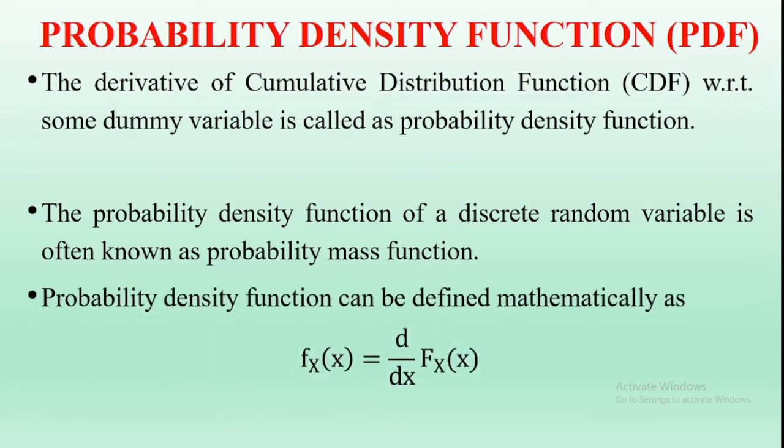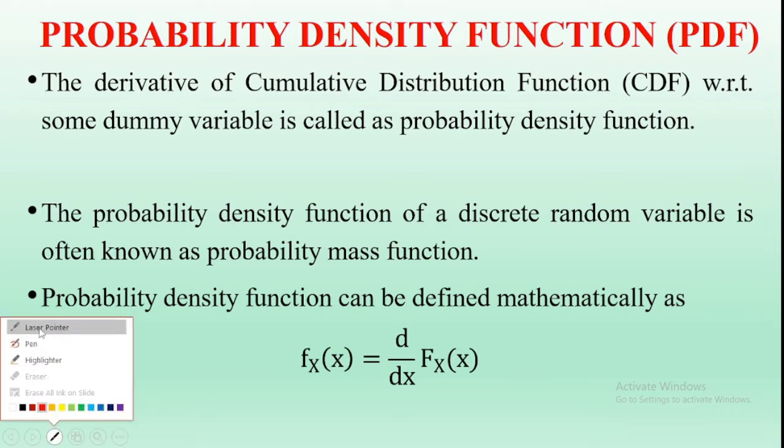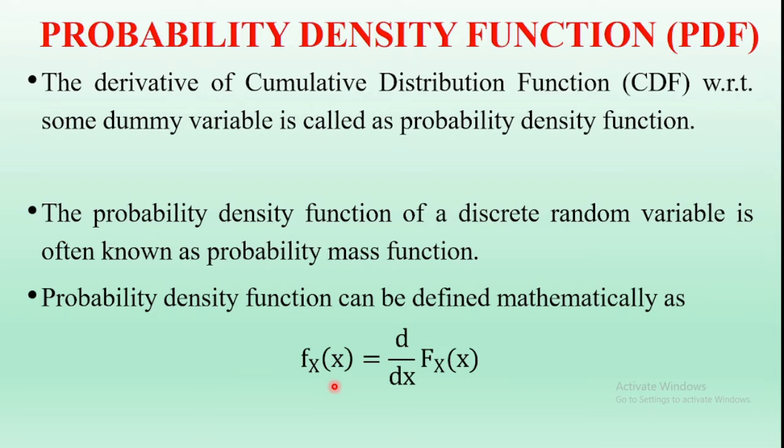Mathematically, the probability density function is defined as fx of x equals the derivative of the distribution function. The cumulative distribution function is represented by capital F of x or capital Fx of x, and the probability density function is denoted by small fx of x or simply f of x.